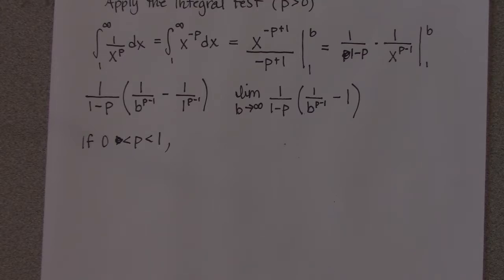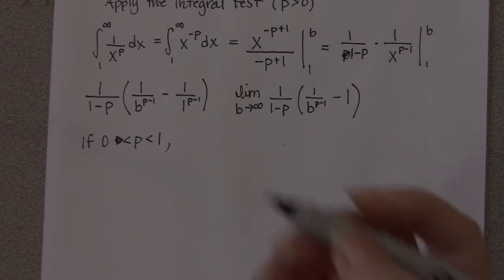So if the value of p is between 0 and 1, let's just pretend for a second it's 1/2, okay? Well, if you look at that denominator and that exponent, 1/2 minus 1 is negative 1/2. So that negative 1/2 would put the b back up in the numerator, and you would get b to the positive 1/2. What's the limit of the square root of b as b goes to infinity?